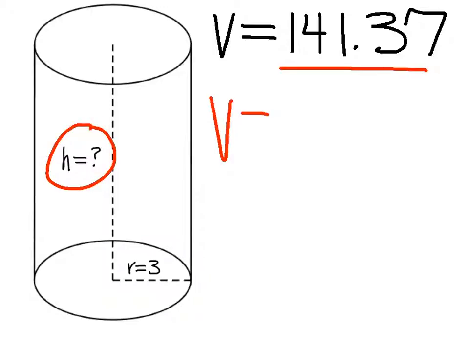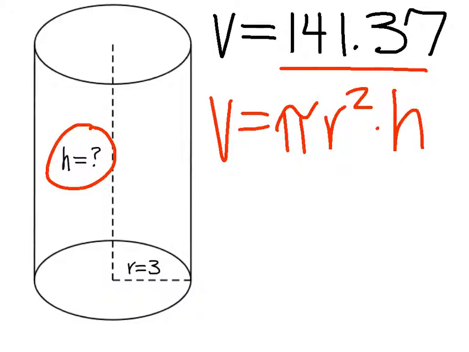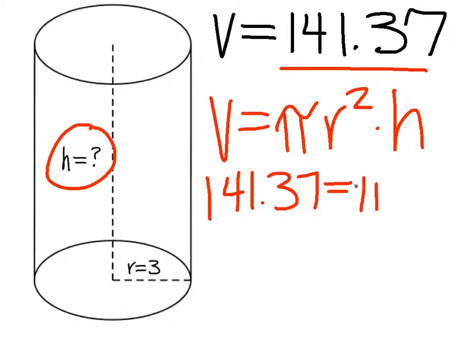What we want to find is our height. So if volume is equal to pi r squared times our height, what we're going to do is plug in the numbers, just like we've been doing. 141.37 is equal to pi times our r squared times our height.